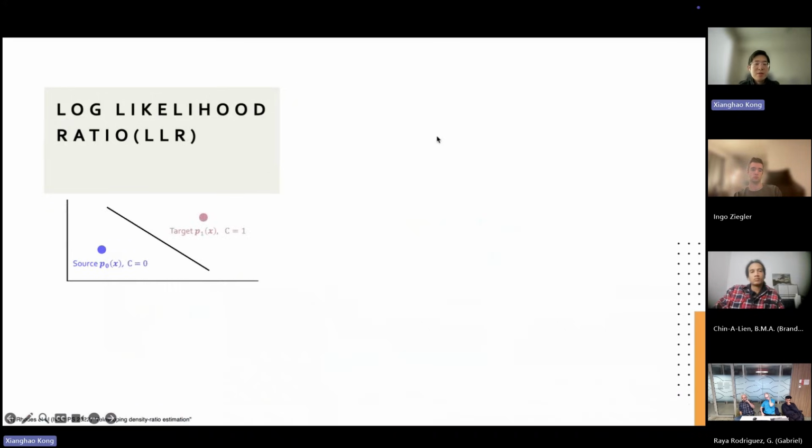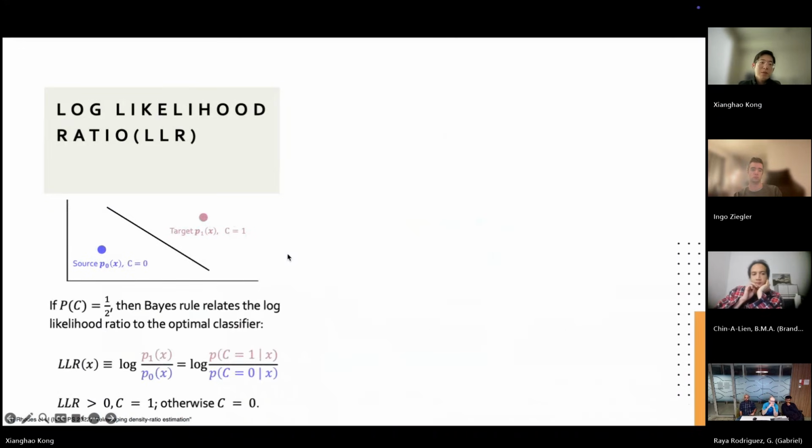I give a very simple example: we have two data points that belong to different classes. The source P0(x) is class 0, and the target P1(x) is class 1. If the prior equals a half, then we use Bayes' rule to calculate the log likelihood ratio and get an optimal classifier.